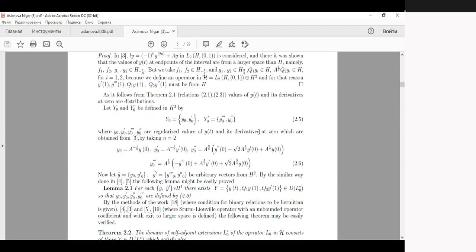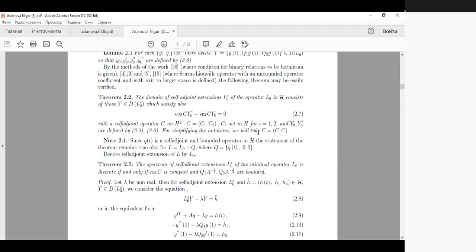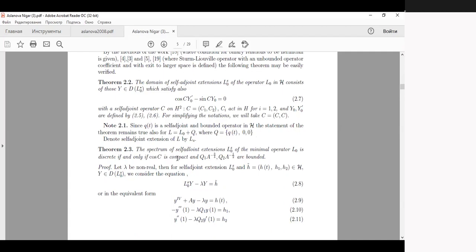The main thing that I did is involved in the theorem about when self-adjoint extensions are discrete.